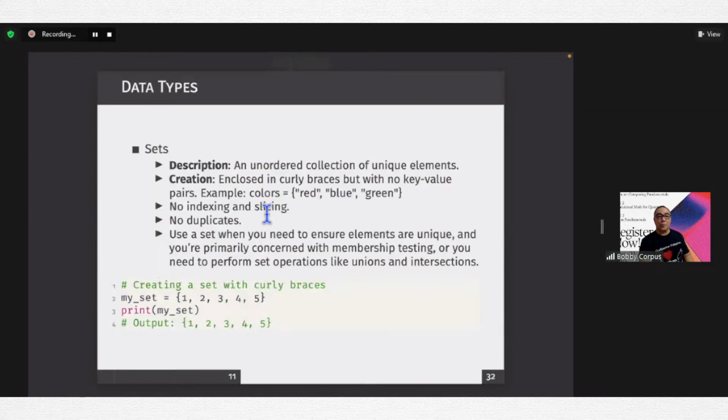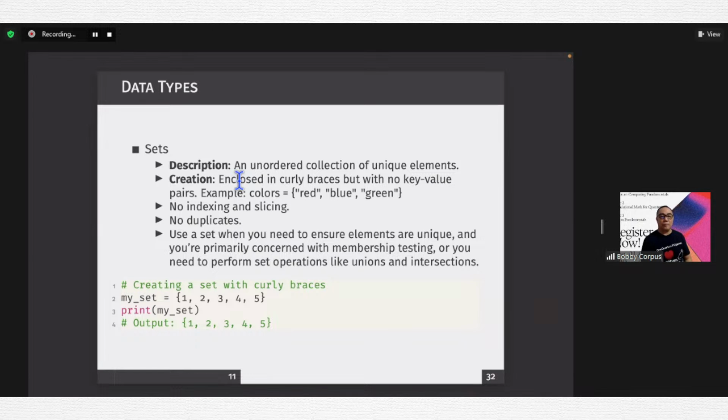Okay. Tapos sets naman, the difference between sets and lists is that it's unordered, no? Yung list is ordered, kaya yung list meron siyang may mga index talaga yung mga elements doon, no? Whereas yung set it's not ordered, no? And later when we talk about slicing, hindi pwedeng i-slice to mga sets na to.